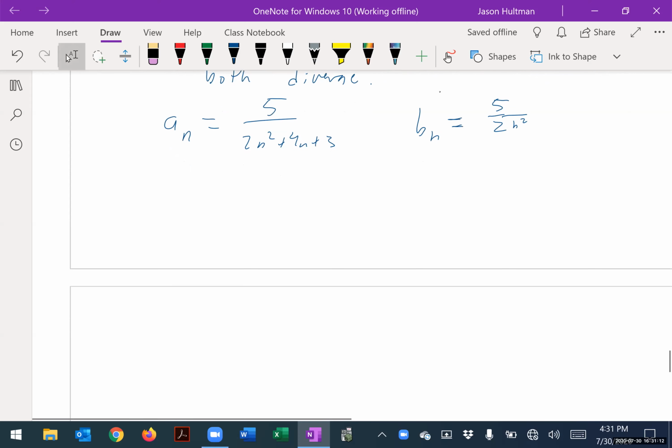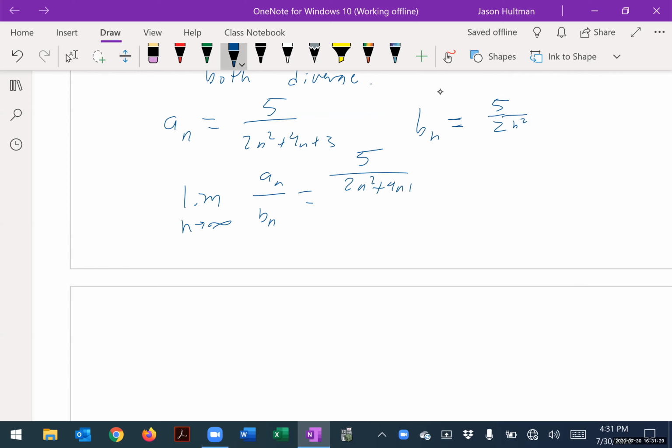So we take the limit as n goes to infinity of a sub n over b sub n, which is 5 over 2n squared plus 4n plus 3, all over 5 over 2n squared.